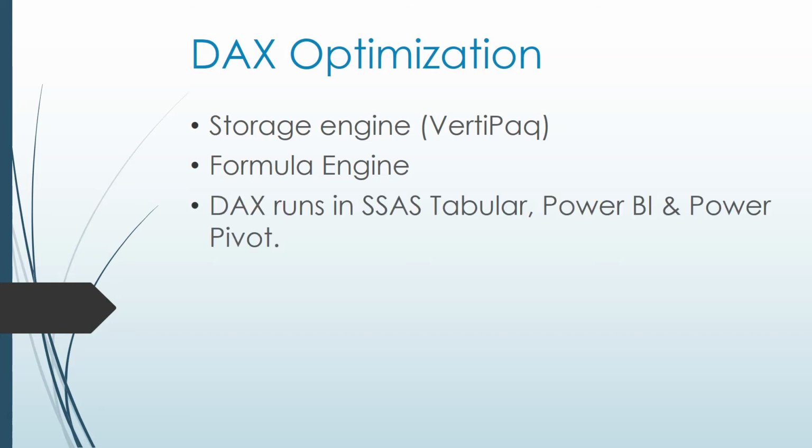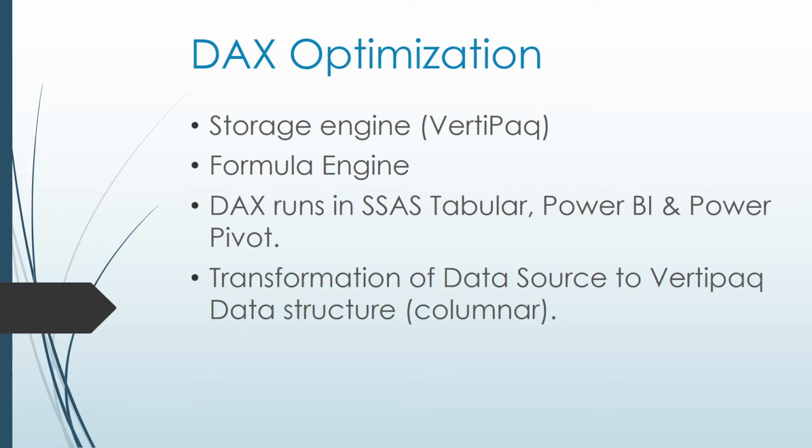As you have seen, we can also work with SSAS Tabular as a standalone. But when we write our DAX expressions in Power BI or Power Pivot, the SSAS Tabular local instance is also running in the background, but it is hidden. Then we will learn how to transform the data source to VertiPaq, and how the VertiPaq engine stores the data.